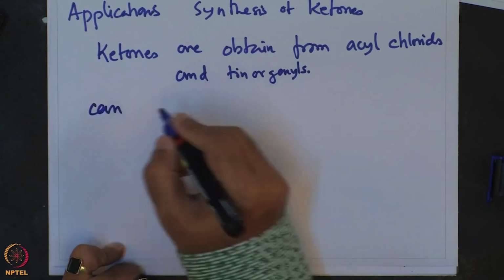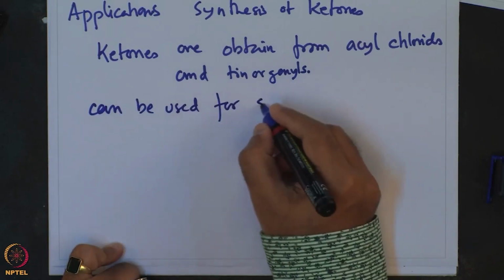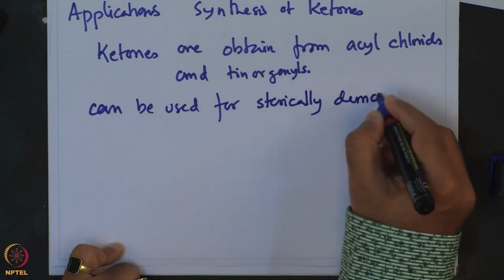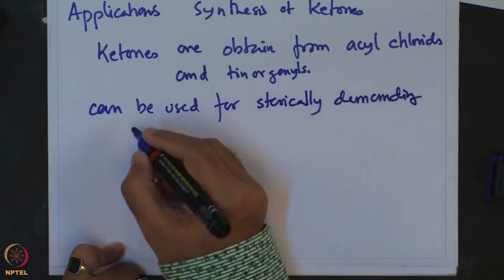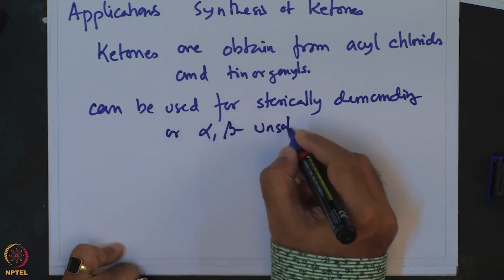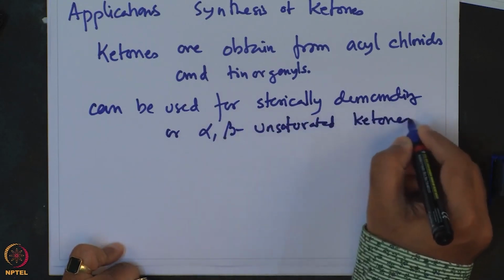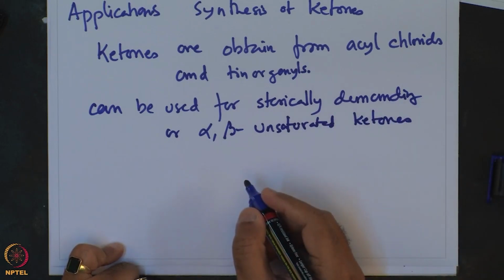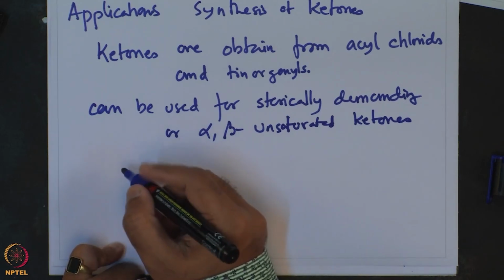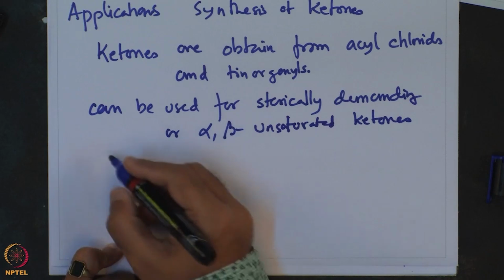So, it is versatile, can be used for sterically demanding or alpha beta unsaturated ketones, and the best thing is that the final product does not react with the organotin reagent.